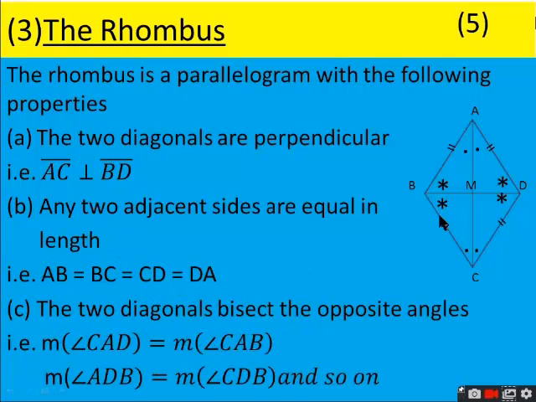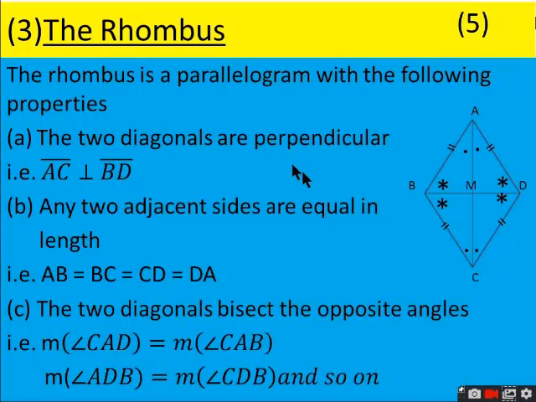The third property is that the diagonals of the rhombus bisect the opposite angles. That means, look at the figure ABCD. Measure of angle CAD equals measure of angle CAB, because the diagonal bisects the opposite angles.